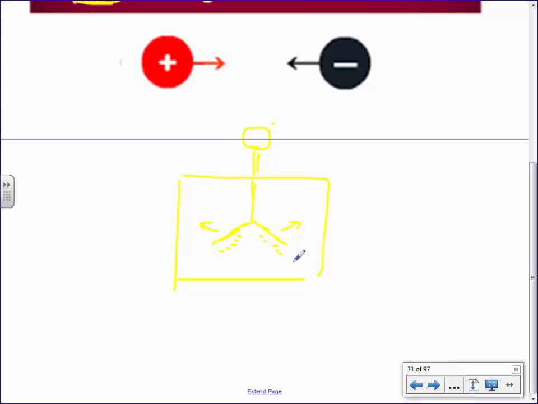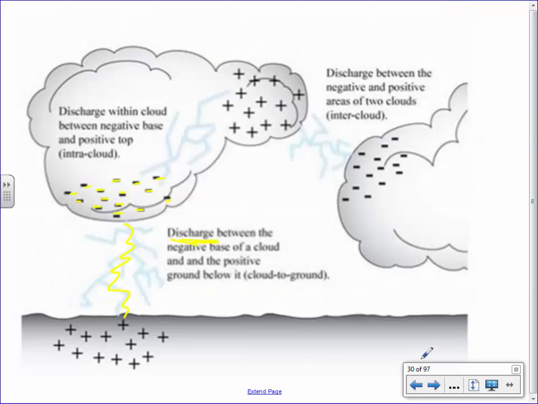And when they're both negative, negative things want to get away from other negative things, and they try to separate from each other. That same logic is actually what's happening in this lightning cloud right here. There are so many negatives being built up right here that they actually want to get away from each other. And these negatives right here are actually being attracted to the positive ground.